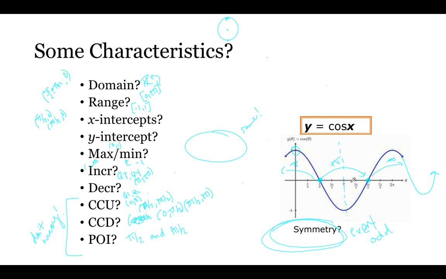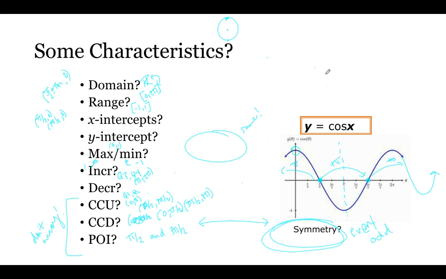A cosine function is considered an even function, and a sine function is considered an odd function. This has reflectional symmetry. But again, I wouldn't worry about this either. I'd say these are the key characteristics we are going to be talking about.